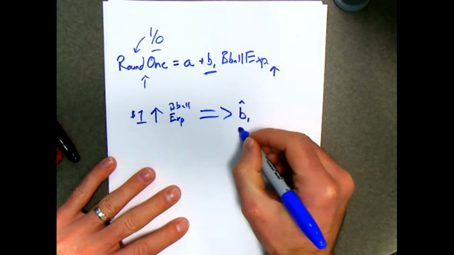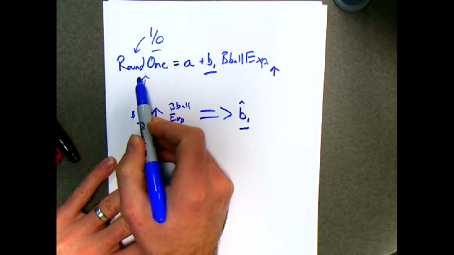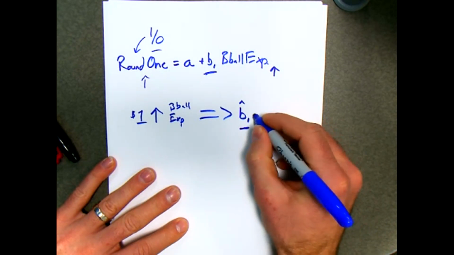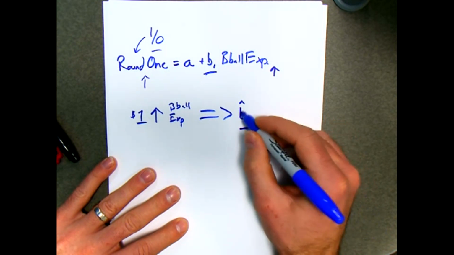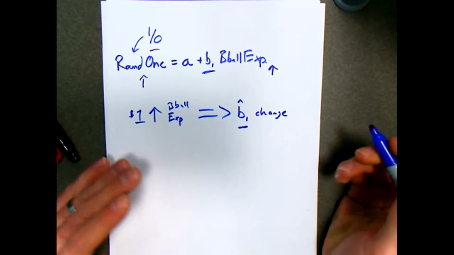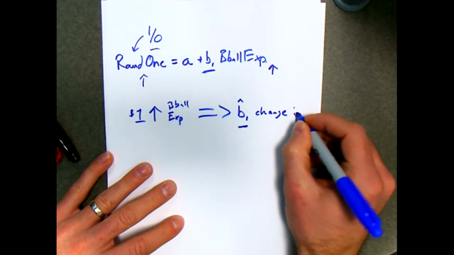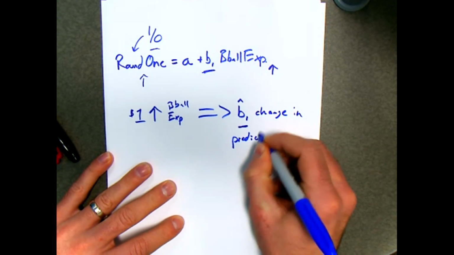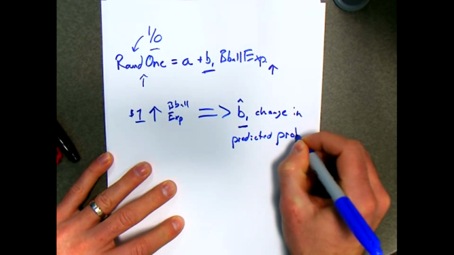So now what's the unit of my y variable? It would be a beta 1 change, increase or decrease depending on the sign, in the predicted probability.